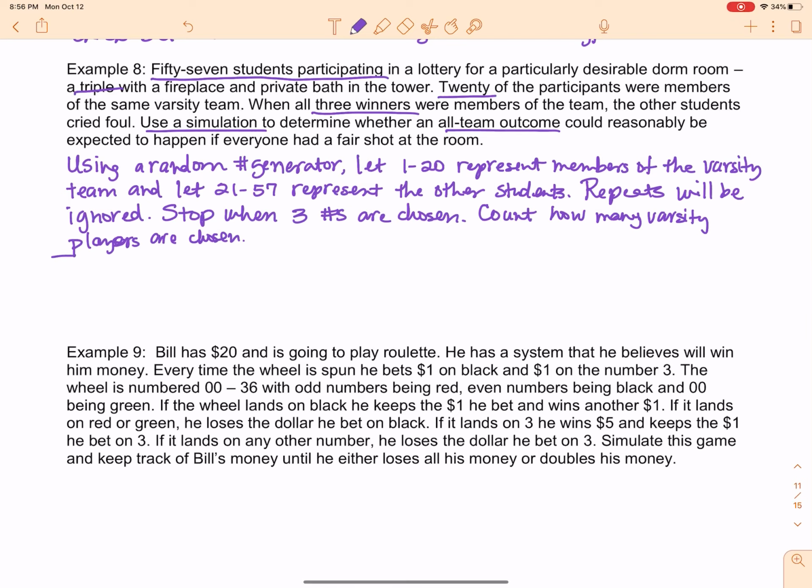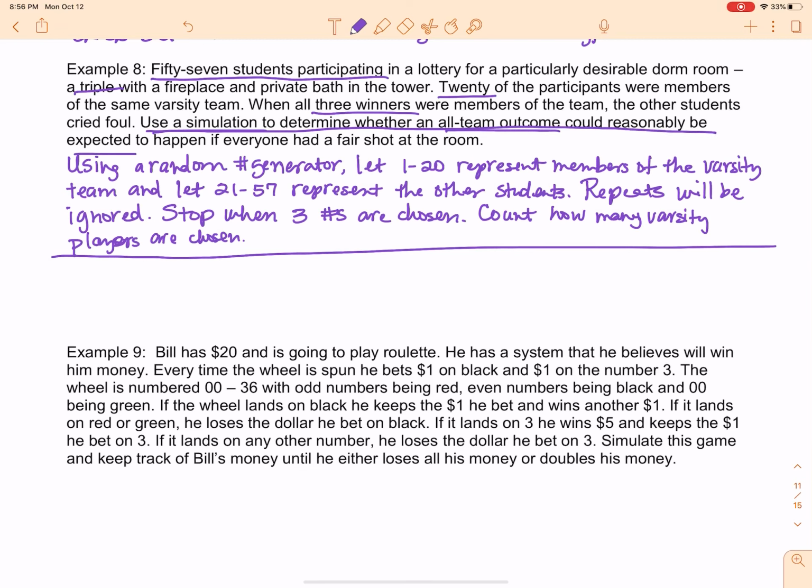Okay, those are my directions. Those are completely separate from the trials. If you'll notice, I did not give you any direction as far as how many trials to run here. I am just asking a question, or I'm telling you to use a simulation to determine whether an all-team outcome would reasonably be expected to happen if everyone had a fair shot at the room.